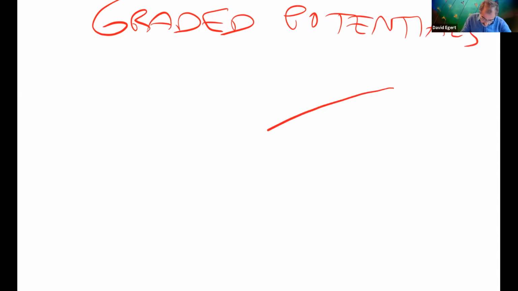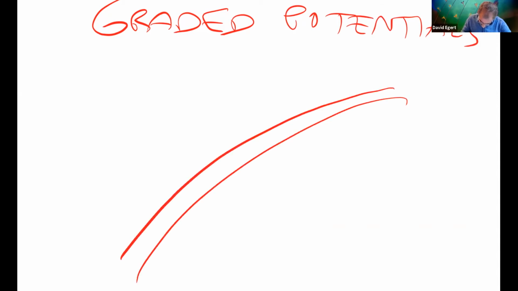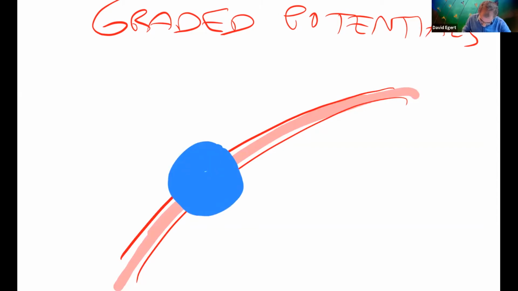So typically, graded potentials, if this is like some cell membrane, we have some channel here, and here's some ion channel.